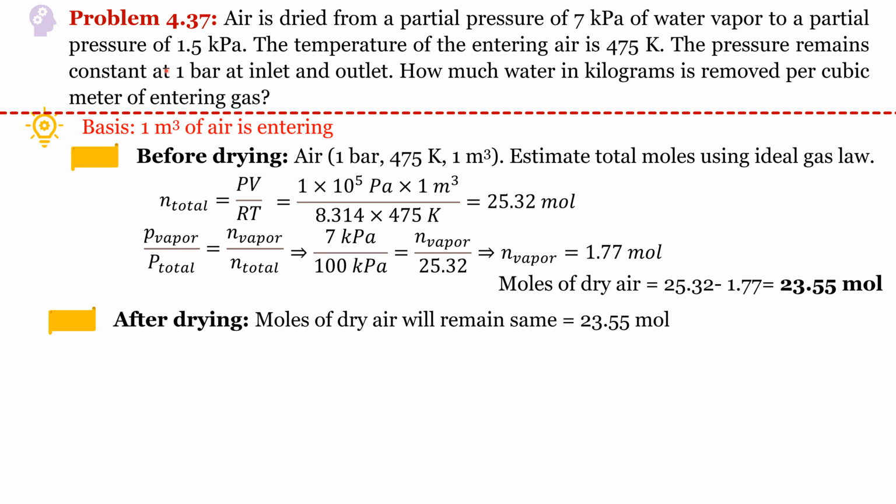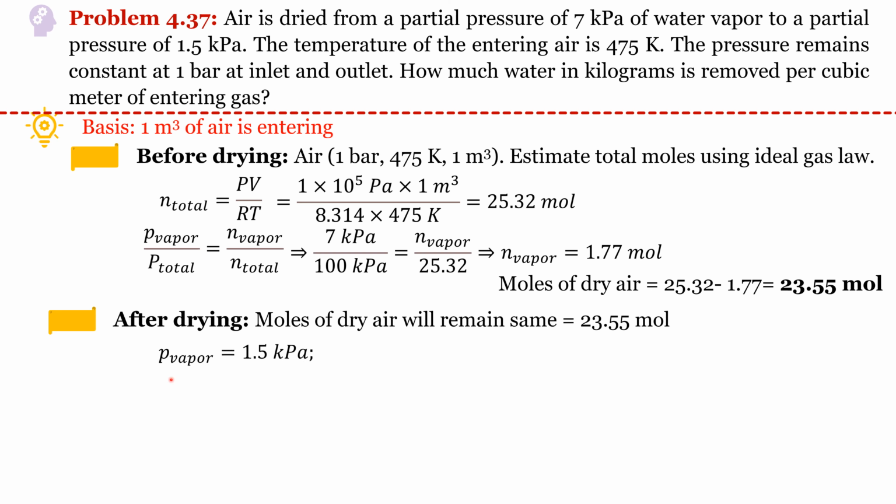Now at outlet conditions, total pressure is given, that is 1 bar, and partial pressure of water vapor is also given, that is 1.5 kilopascal. So we can easily estimate the partial pressure of dry air. Moles of dry air is also known, so using Dalton's law we can easily estimate the total moles of leaving gas.